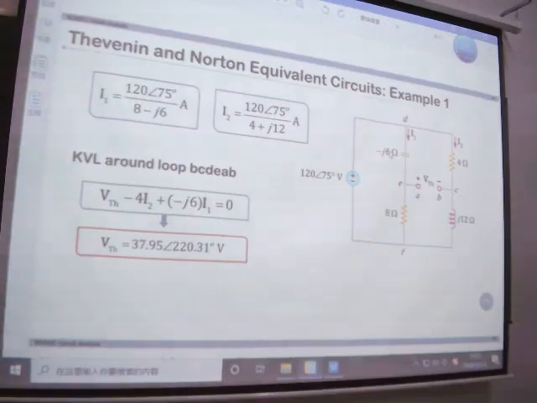Actually, it's voltage divider. You can see here, it's voltage divider. But they find this current. The current that goes through is this one over this one. Actually, it's not I1.